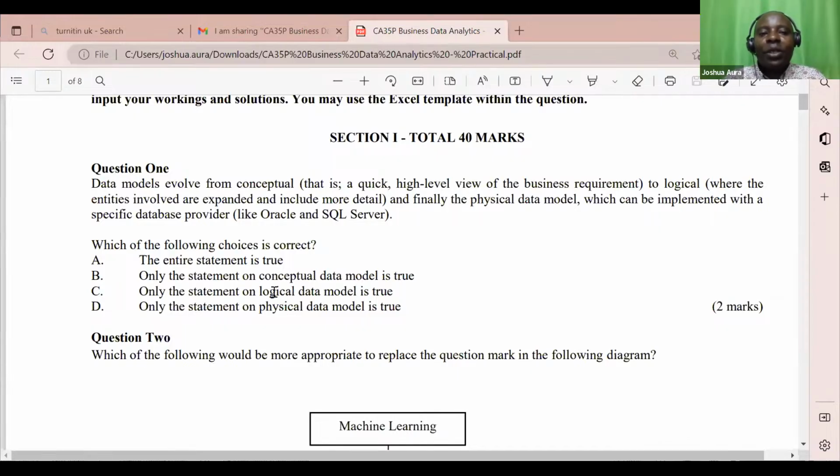C, only the statement on the logical data model is true, where the entities involved are now expanded and include more detail. Or is it D, only the statement on the physical data model is true? Which one would you have taken, ladies and gentlemen, for me to be able to mark this?